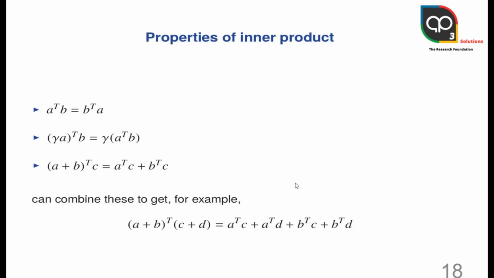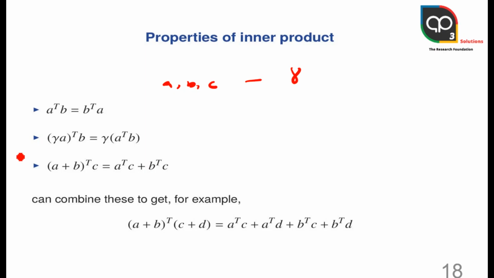And let me just have some properties. The inner product satisfies some simple properties that are easily verified from the definition. Dear friends, if we have A, B and C as vectors of the same size, and here gamma is a scalar. And here when we go towards the commutative property, A transpose B is equal to B transpose A. Yes, the order of the two vector arguments in the inner product doesn't matter.